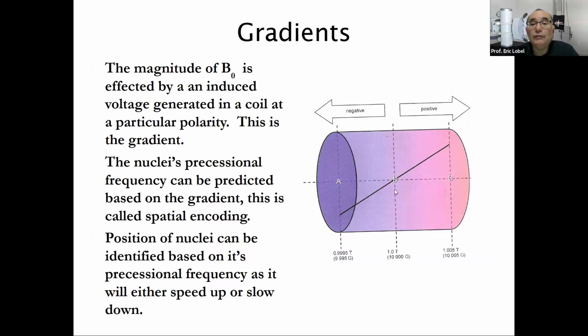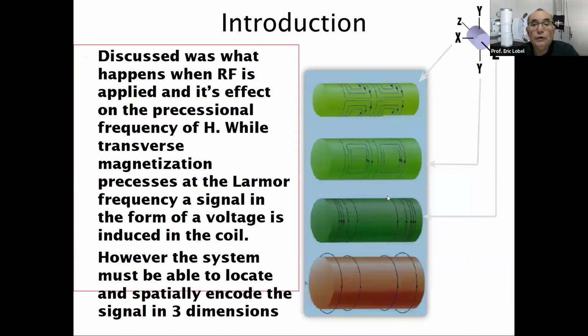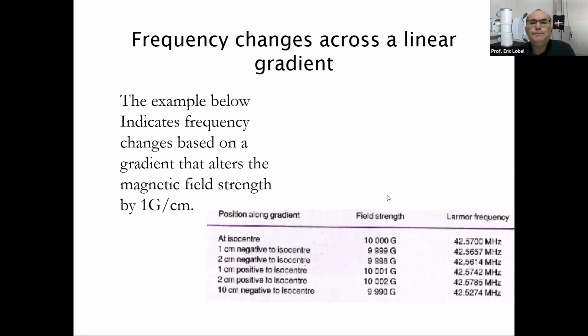So this is known as the isocenter right here. And at the isocenter, we're supposed to be at the theoretical 10,000 Gauss, and we have a frequency of 42.57. That's our gyromagnetic ratio for a 1 Tesla magnet.